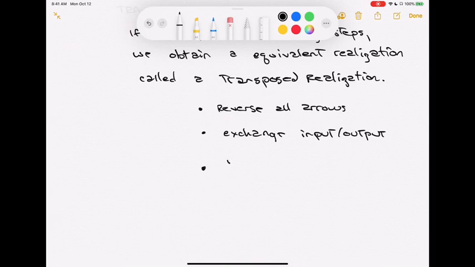We are going to replace all the summing nodes with joining nodes, and we are going to replace all of the joining nodes with sums. If you do these three steps, you will not change the functionality. You won't change the underlying equation that a system generates, but you might change some of the characteristics.